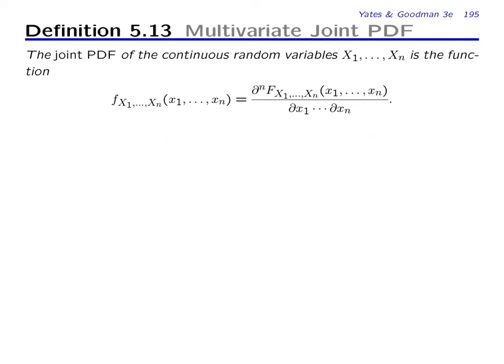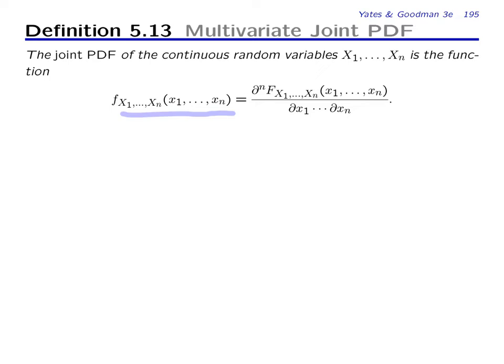For continuous random variables, here we have the joint PDF of X1 through Xn. And once again, it's the n-way partial derivative of the joint CDF.